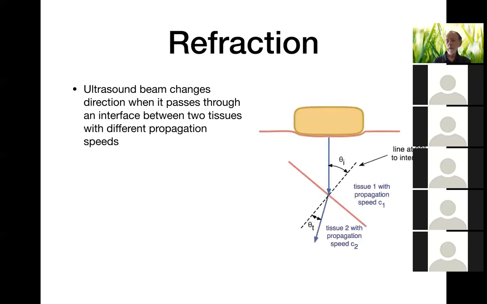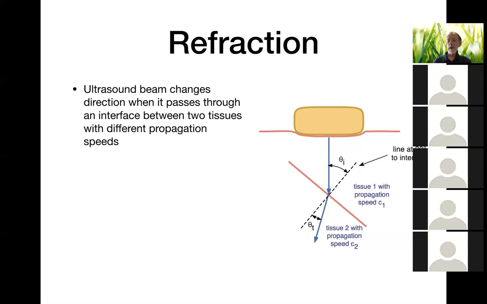Here's a diagram illustrating the idea. The beam comes down, strikes the interface between the two tissues, and it changes direction. Once again, the geometry is defined by drawing a perpendicular reference line and measuring angles relative to it. So again, we have the incidence angle, but now we have the transmission angle, which is the angle between the beam that's transmitted through the interface into the deeper tissues.